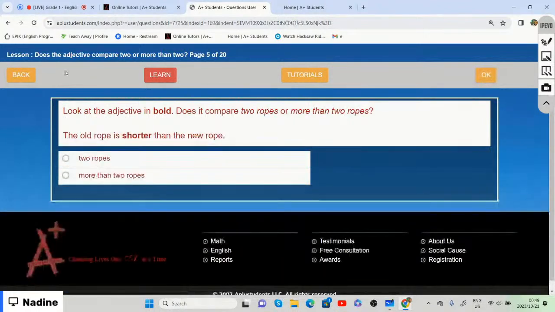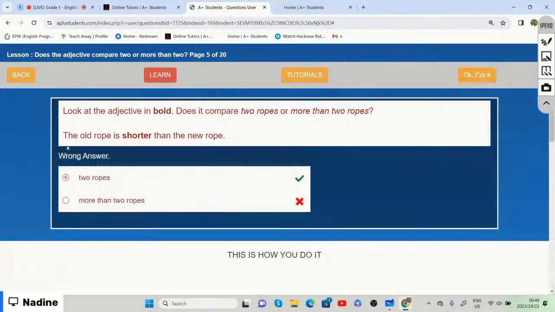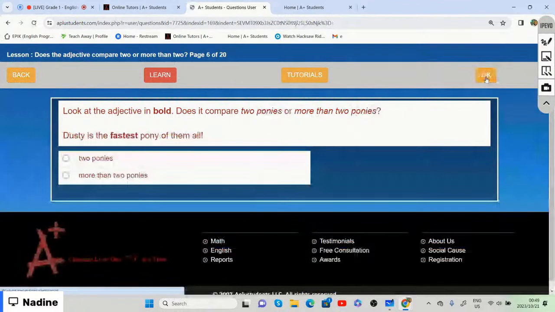Next, the old rope is shorter than the new rope, which means that that is two ropes.